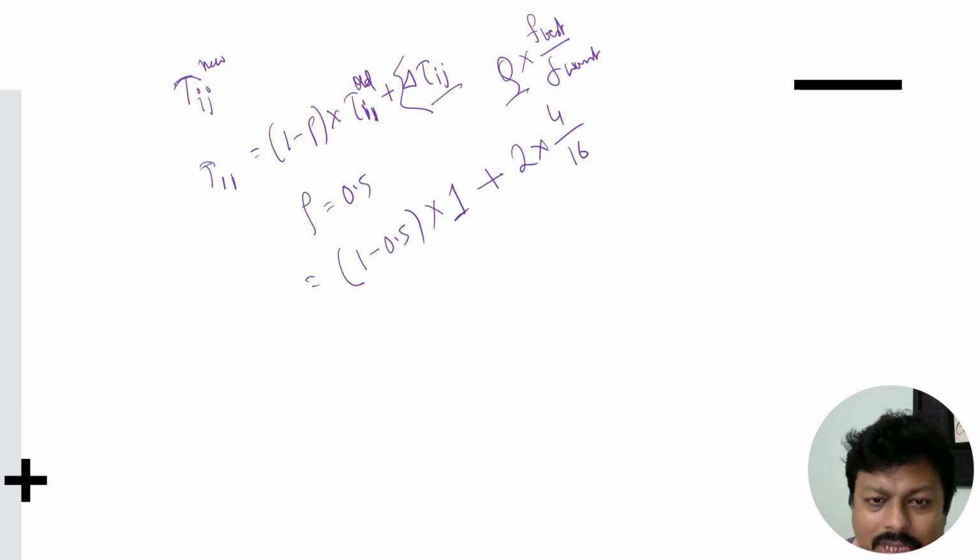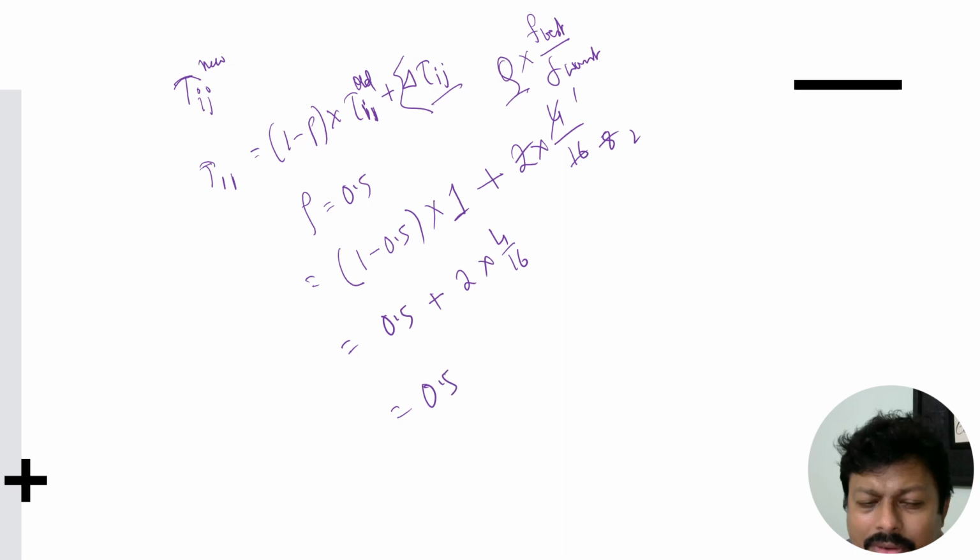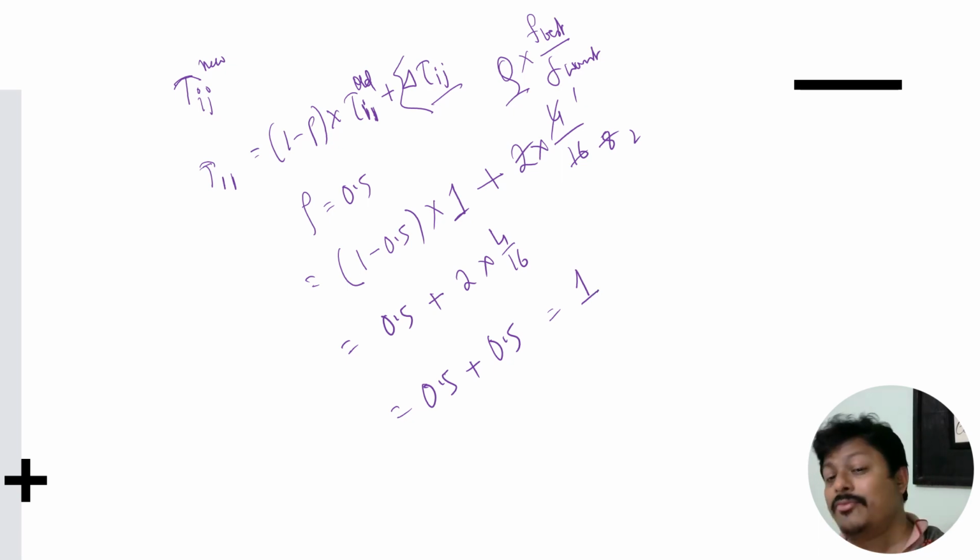So 2 into 4 by 16 will ultimately become 0.5, plus 0.5 again, correct? Half is 0.5. So the new tau is again 1.